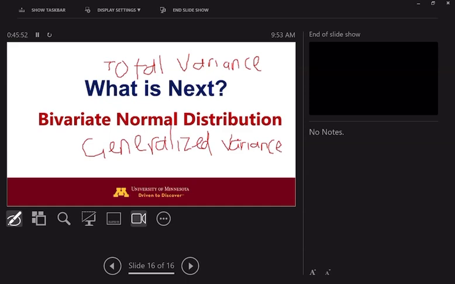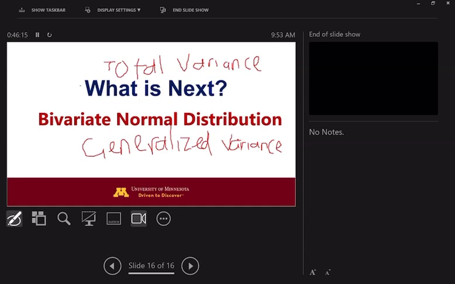Total variance means addition of the variances of all the random variables. It tells us the spread in the data, but the issue with total variance is that it ignores relationships among variables. It does not capture covariances.